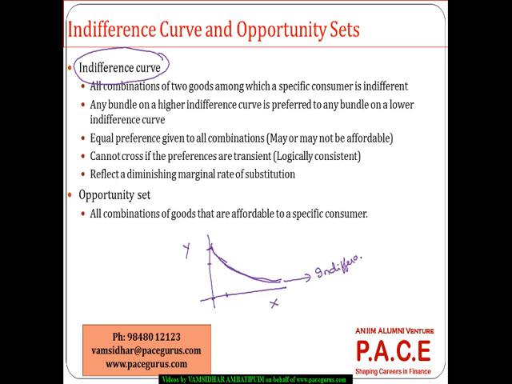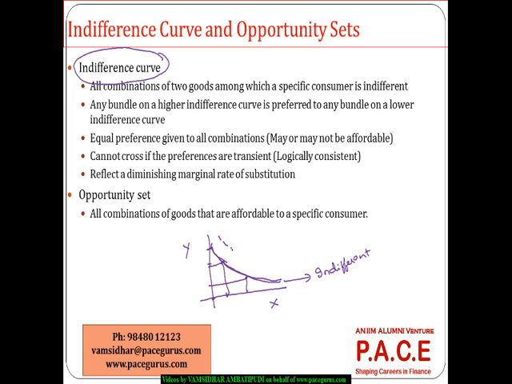He is okay having these many units of Y and these many units of X, or even these many units of X and these many units of Y. He has an equal level of satisfaction with any of the combinations of X and Y along this curve.